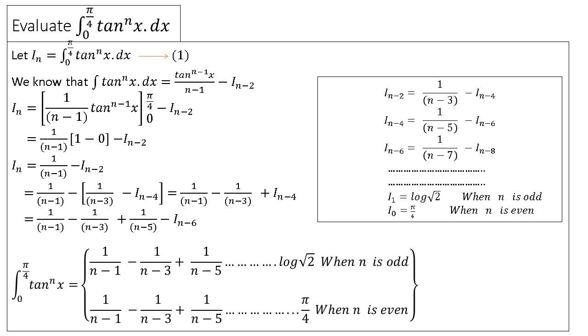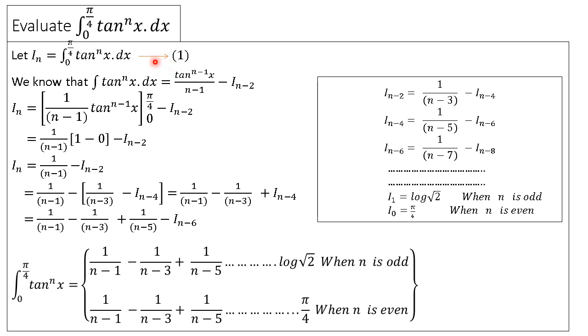Now let's evaluate the integration of tan to the power n x into dx, where the limits run from 0 to pi by 4. Take this as I_n is equal to integral from 0 to pi by 4 of tan to the power n x into dx. Call this equation number 1.